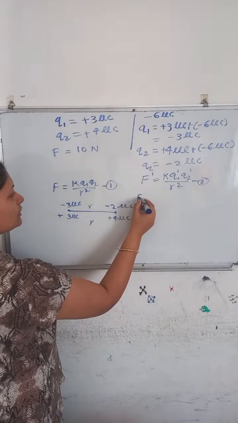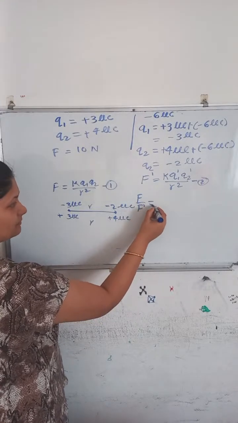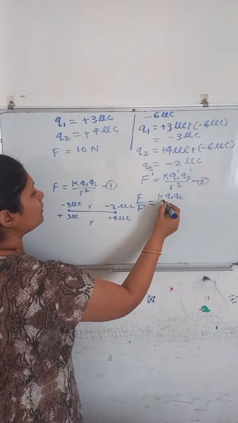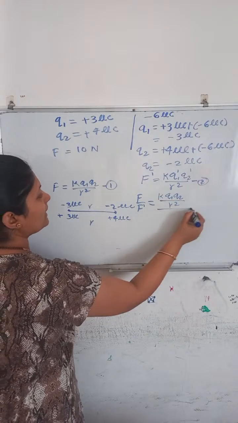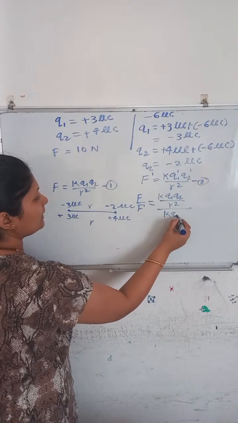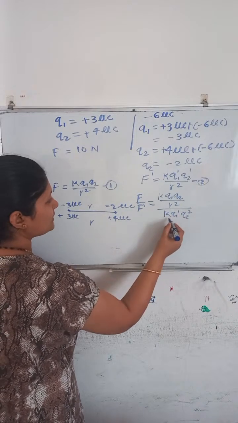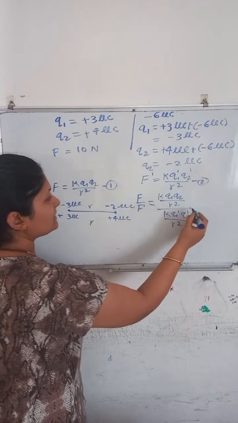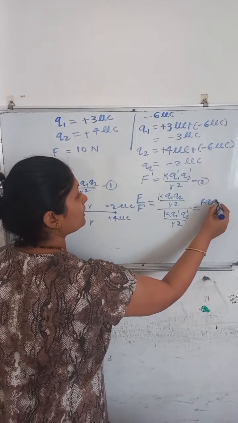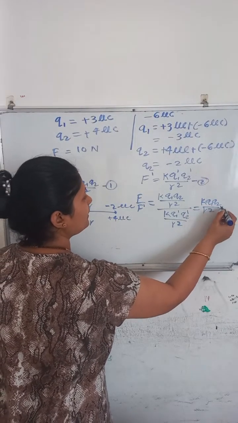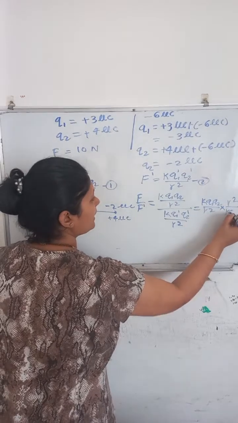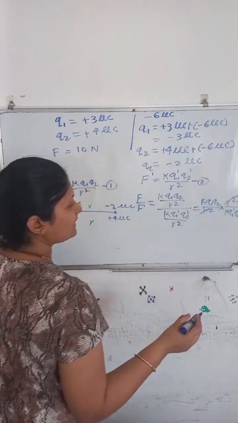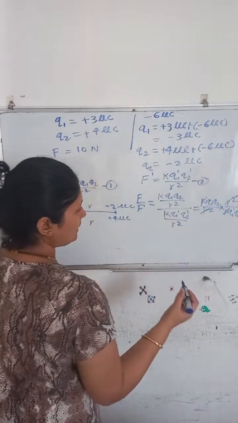Can I take the ratio F by F dash? F is K Q1 Q2 upon r square, and F dash is K Q1 dash Q2 dash divided by r square. Taking the reciprocal, r square gets cancelled, and K and K also get cancelled.